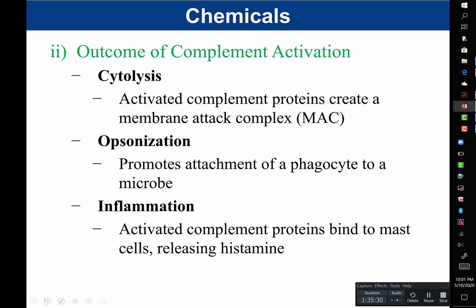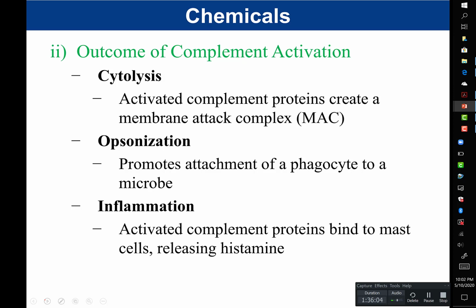This is just putting into words what I just explained. Again, outcomes of complement activation: we have cytolysis. The activated complement protein creates that membrane attack complex, which puts a hole in the membrane of the pathogen, causing it to lyse. Opsonization promotes the attachment of a phagocyte to a microbe, because it marks that microbe for destruction. And lastly, we have inflammation.